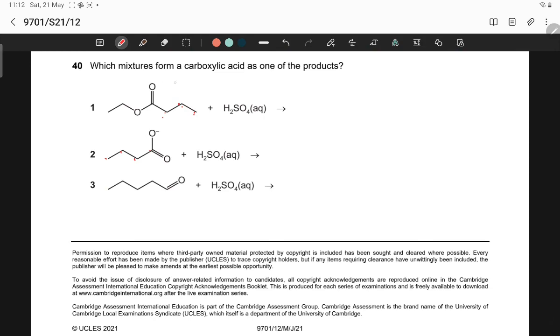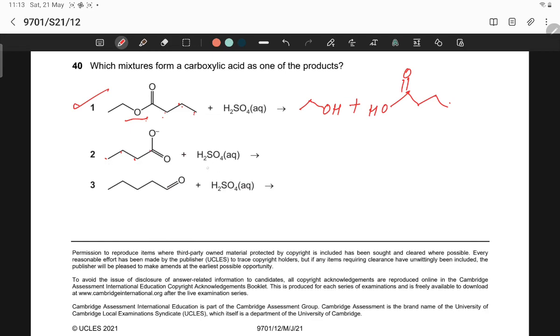Which mixtures form a carboxylic acid as one of the products? This is an ester. So when it reacts with sulfuric acid, two products are formed. One is an alcohol, OH, and the other is a carboxylic acid. So this is correct. This is a carboxylate ion.